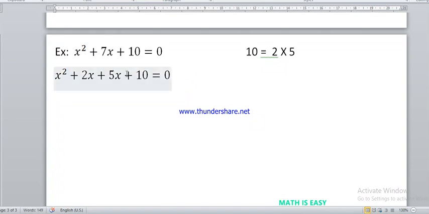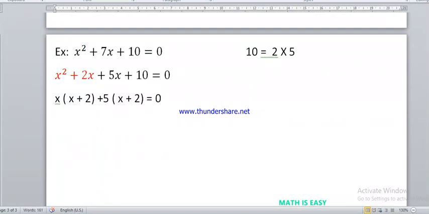Okay. So from the first two terms, again see here you may ask, sir, should I write 2x plus 5x or 5x plus 2x? You can write anyway, no problem. The answer is going to be same. So from the first two terms, I can take x common. So you'll get x plus 2. From the next two terms, I can take 5 common. So you are going to get again x plus 2 only, which is equals to 0.